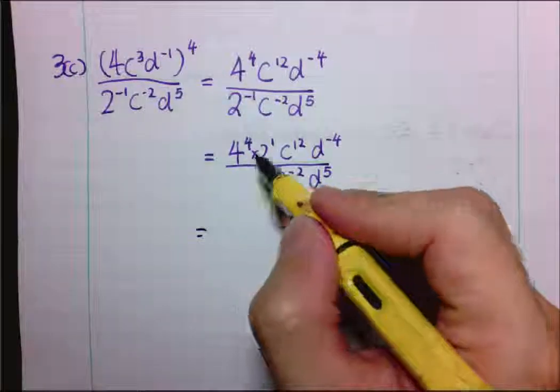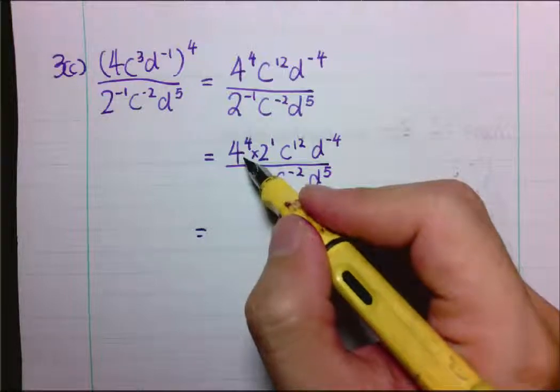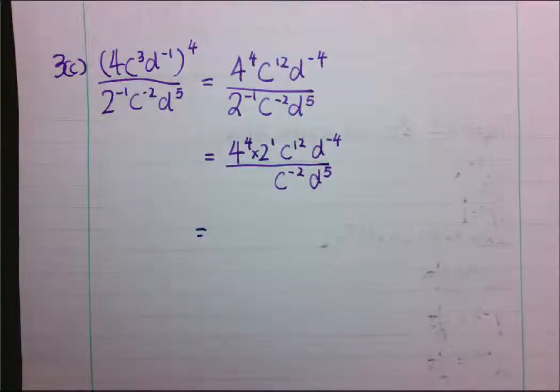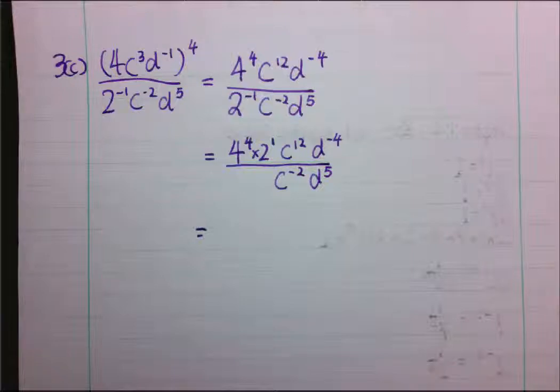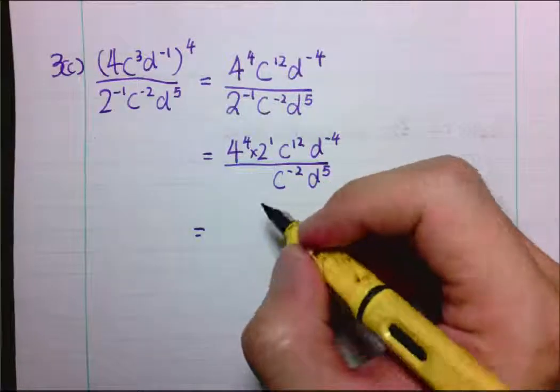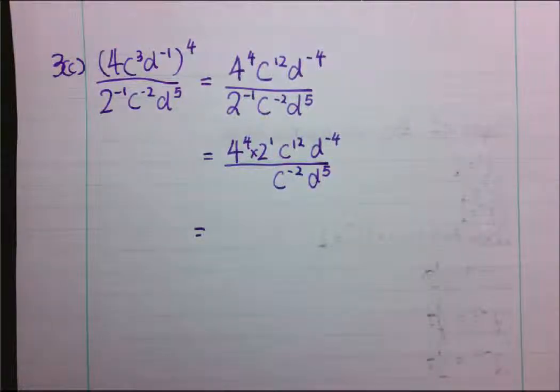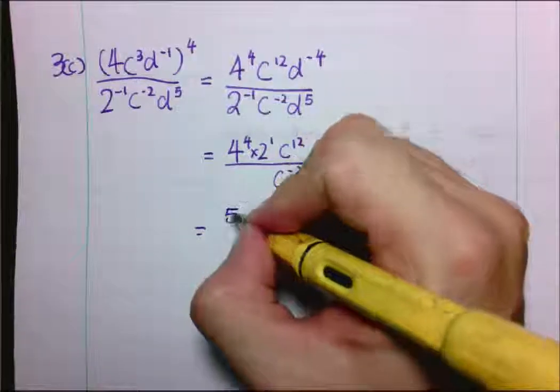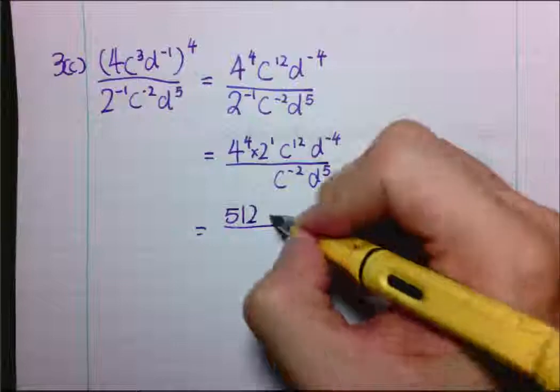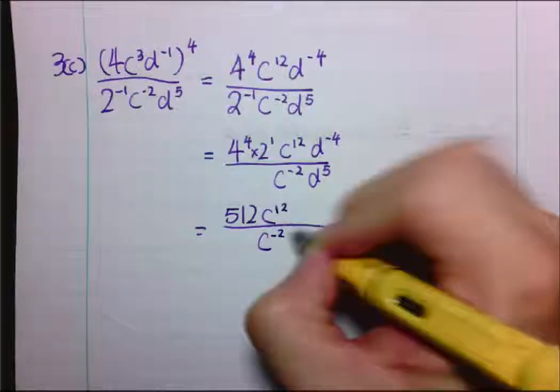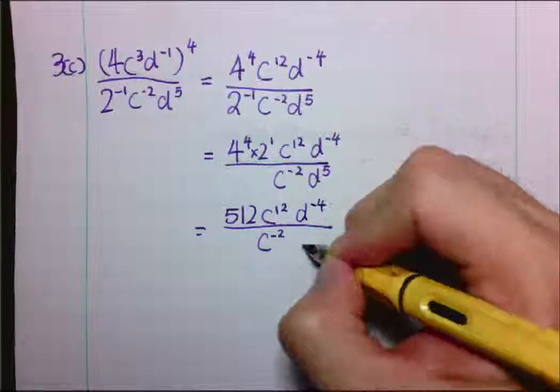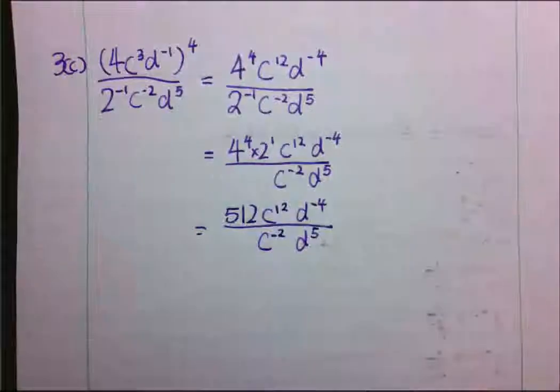So here 4 to the power of 4, let me use my trusty calculator, is 256. Okay, 256 times 2, here I get 512. Then c to the power of 12, c to the power of negative 2, d to the power of negative 4, d to the power of 5.